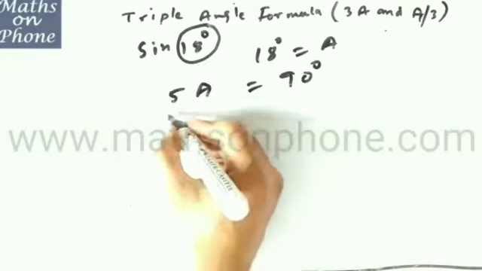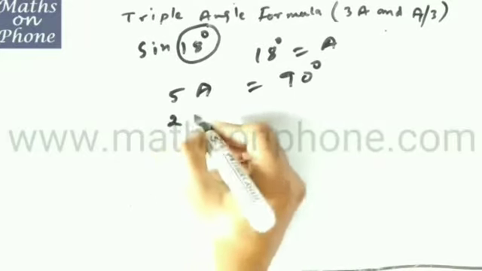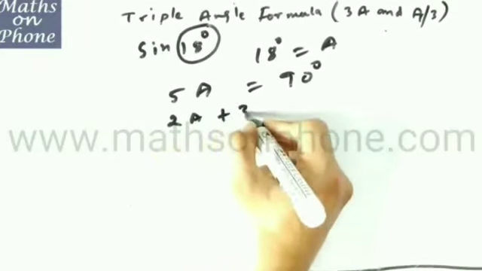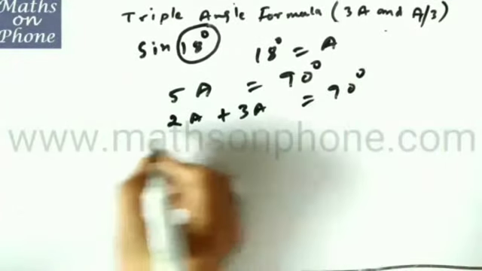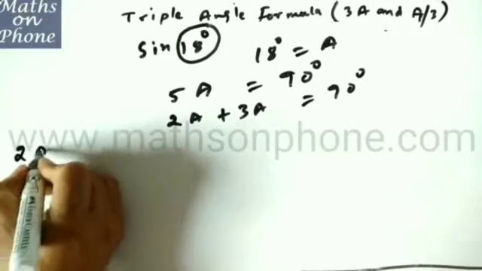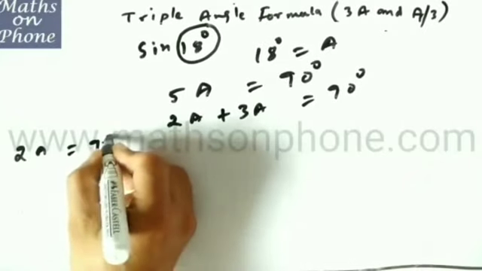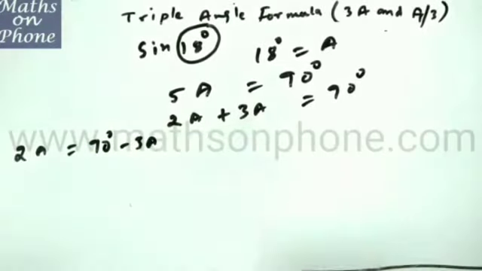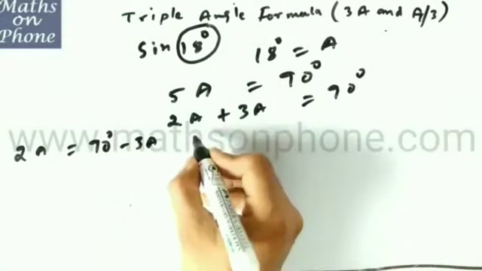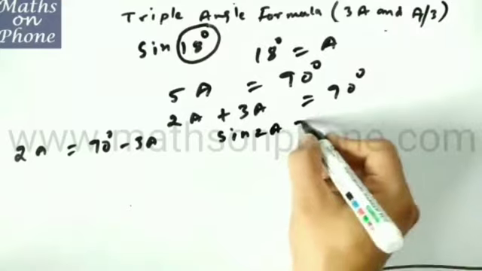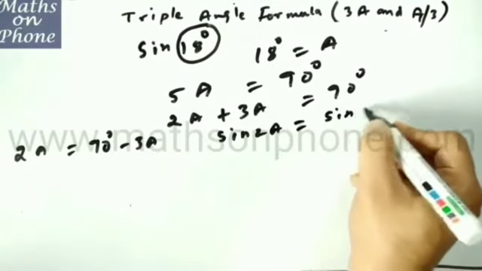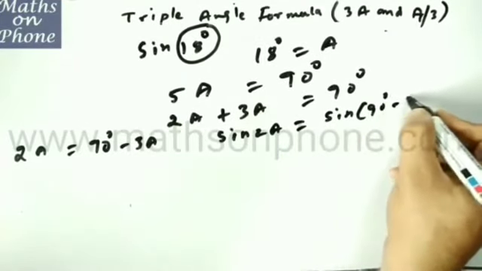Further, we can just write 2A plus 3A is equal to 90 degree. So 2A is equal to 90 minus 3A. Is it? Now taking sine both sides, it will be sine 2A is equal to sine (90 degree minus 3A).